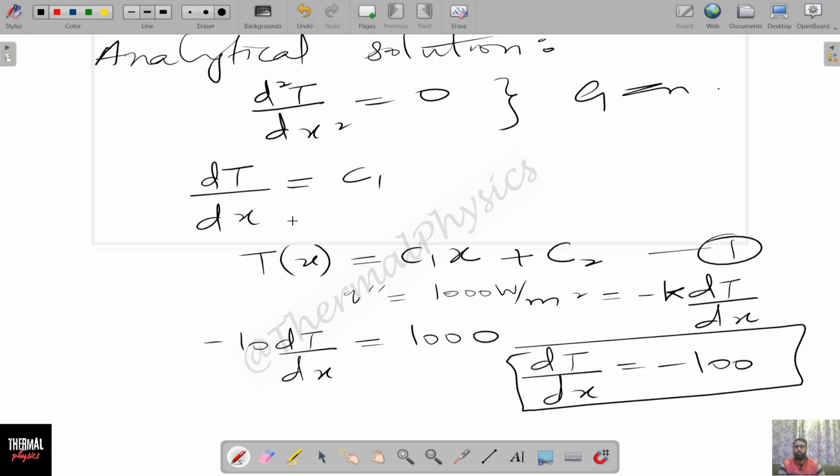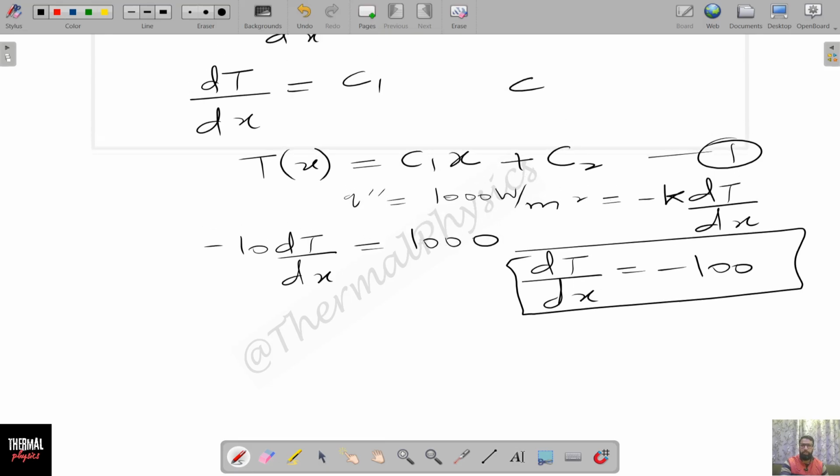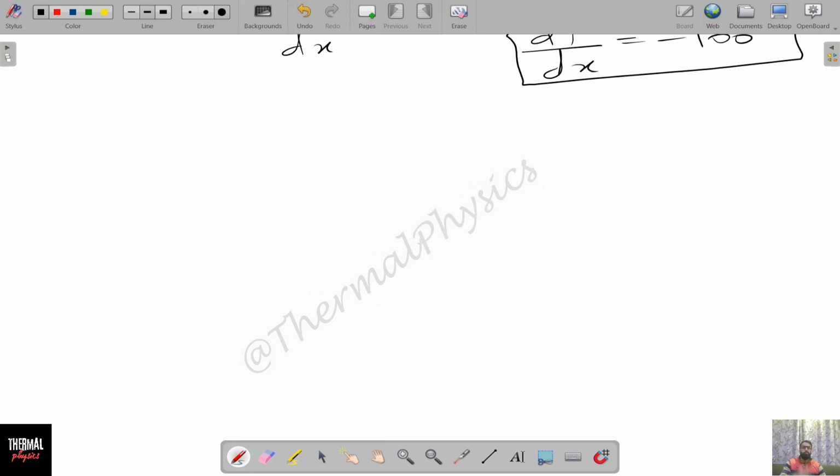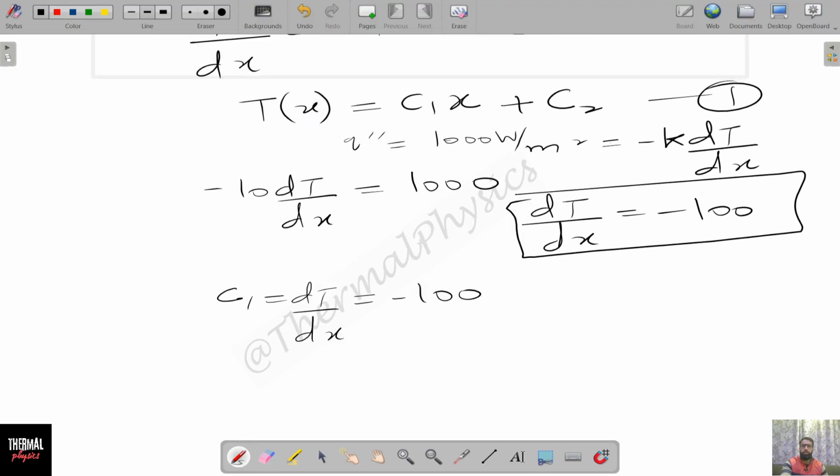We can substitute this in here, and we get our c1, because dT by dx is c1. So c1 equals minus 100. Now we need c2. c2 will be calculated from T of x equals c1 x plus c2. c1 we got, now we need c2.